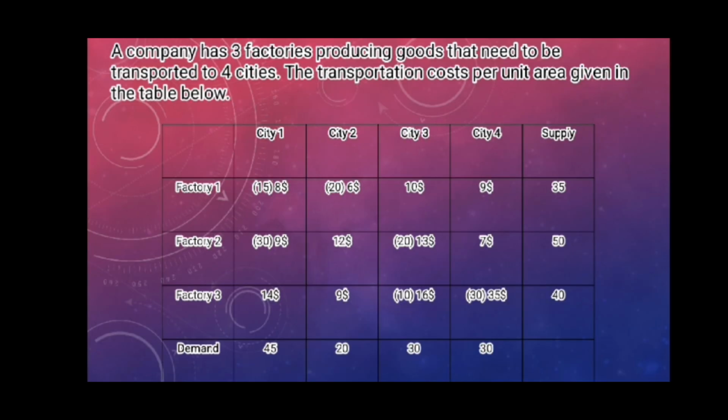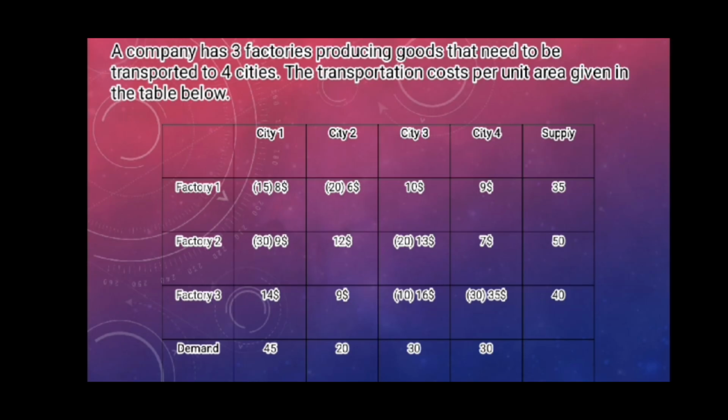Now let us proceed to the example problem. A company has 3 factories producing goods that need to be transported to 4 cities. The transportation cost per unit is given in the table below. With this example, the goal is to minimize the total transportation cost using the MODI method.